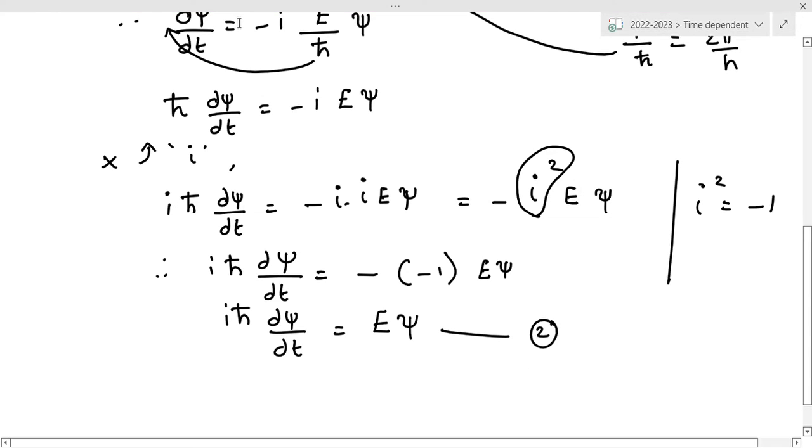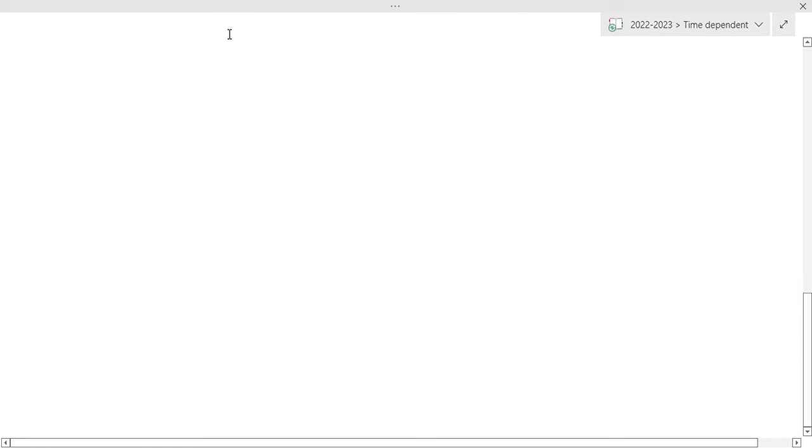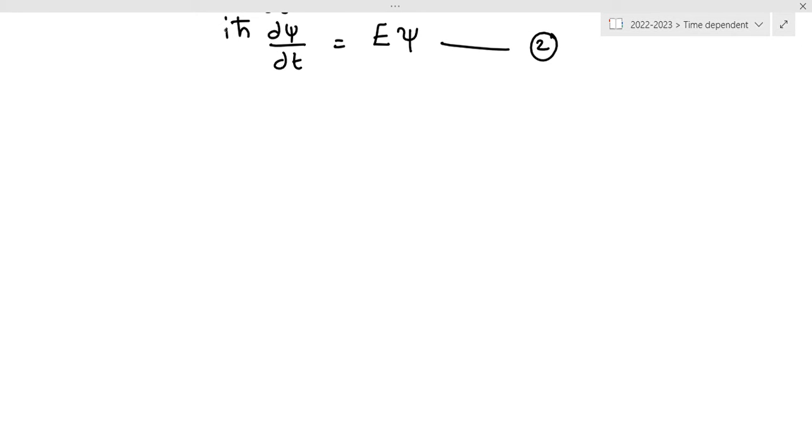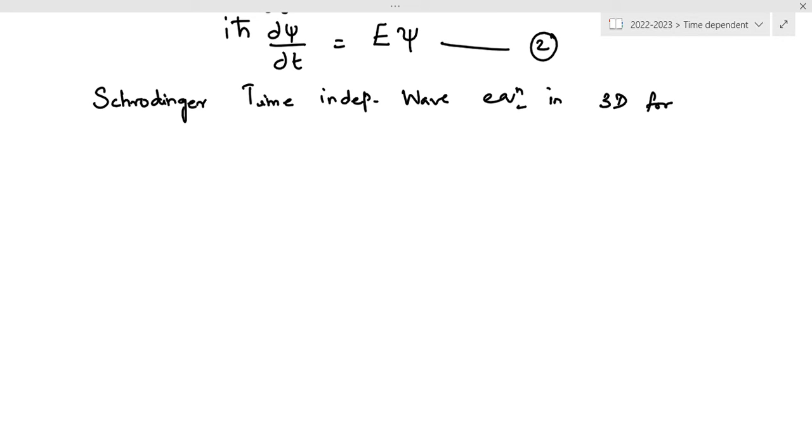Now, we know Schrodinger's time-independent wave equation in three-dimensional form for a particle is del square psi plus 2m by h cross square (E minus V) psi is equal to 0.